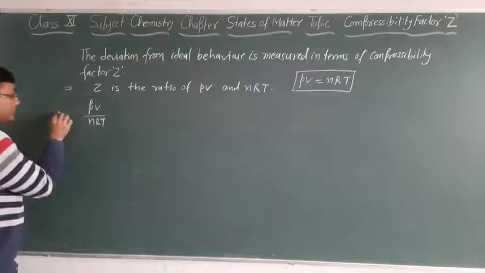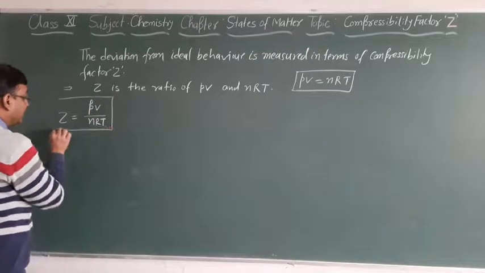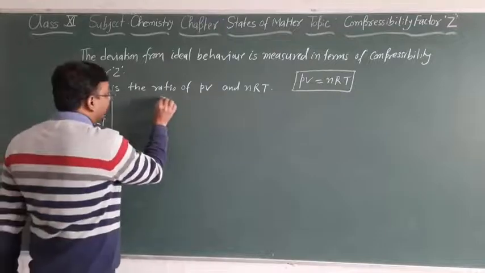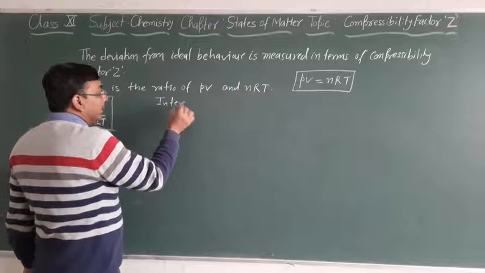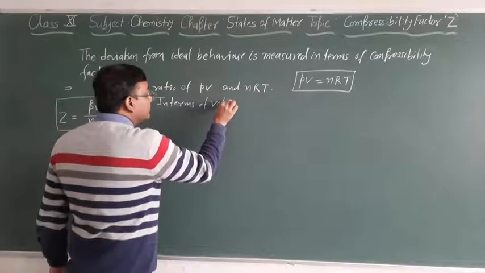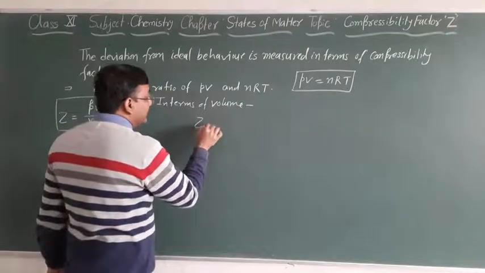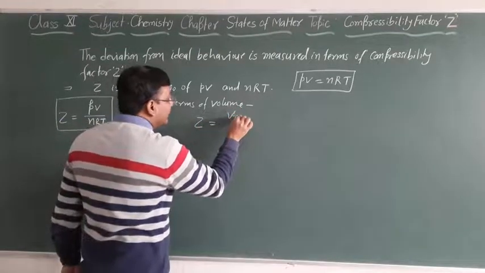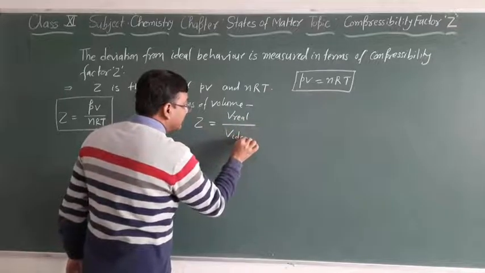We can also define Z in terms of volume. So in terms of volume, Z is equal to V real divided by V ideal.